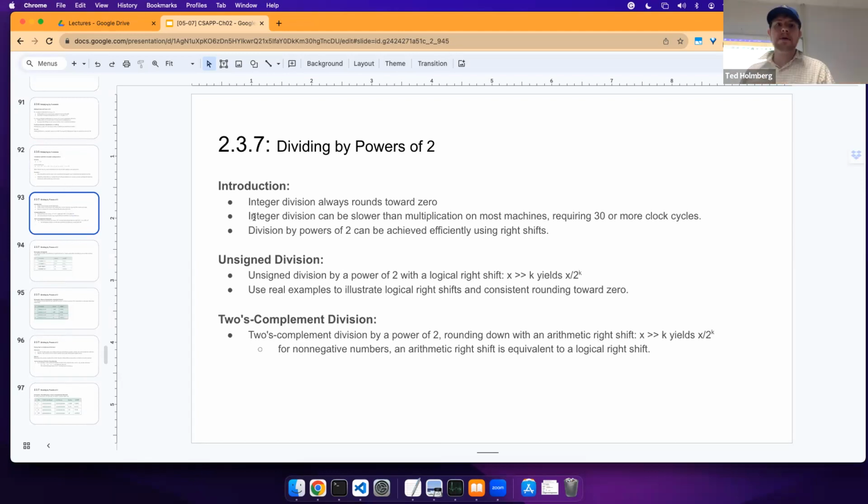Okay, let's talk about dividing. We talked about multiplying. Now, unlike subtraction, where subtraction is merely the addition of negative values, division has a very different kind of outcome. However, we can shift right, and it has the byproduct of dividing our value by a power of 2.